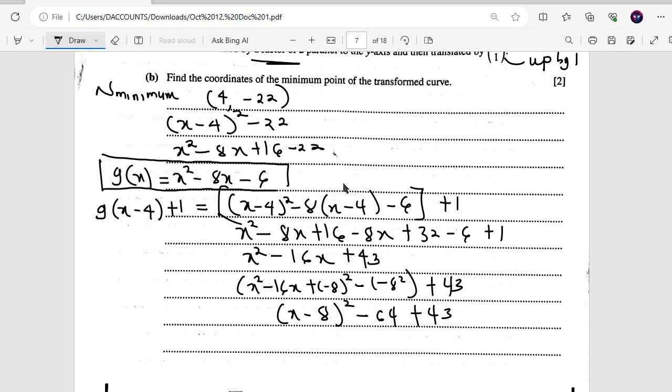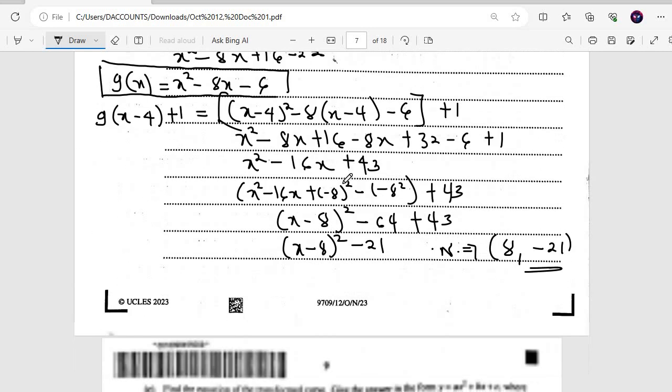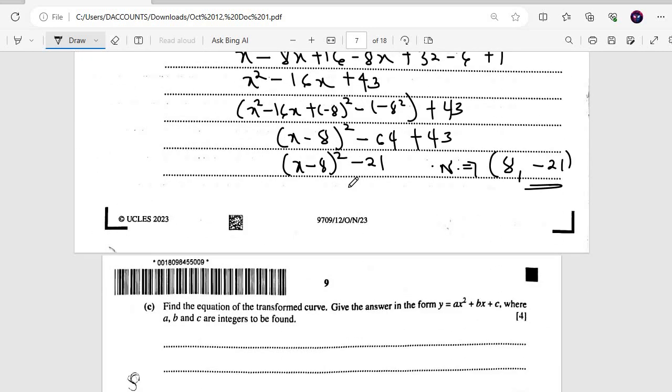If I'm correct with my calculator, sometimes the calculator can mess you up, that should give us (x minus 8) squared minus 21. So the new minimum point of the transformed curve will be 8 and minus 21. That's it. When the graph moves by 4 to the right and 1 upward, this is what we're going to get.